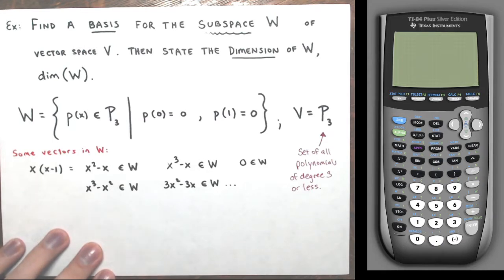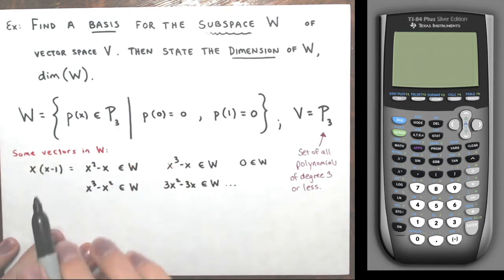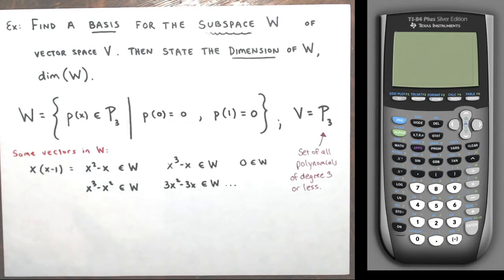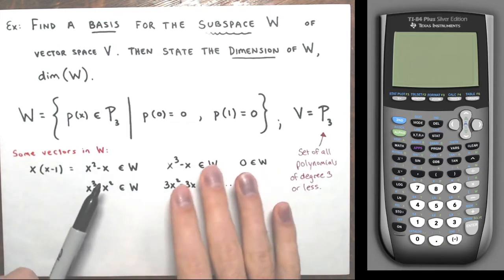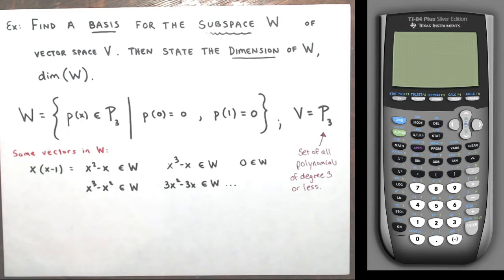But yes, there are tons of vectors, tons of polynomials in here. The question is, what are the building blocks? What are polynomials I could use to make any of these with just some linear combinations?